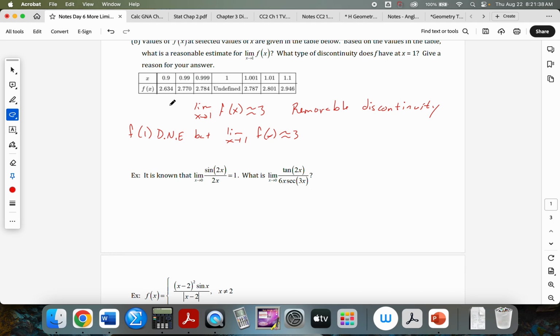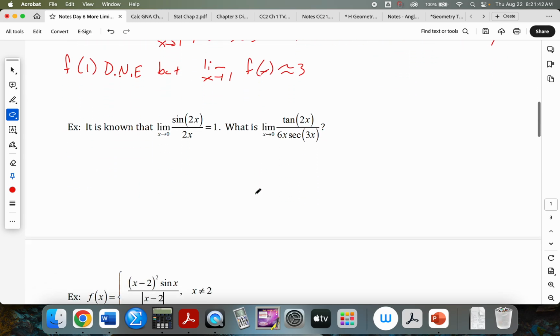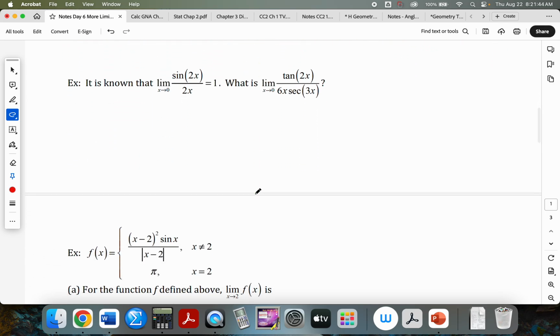All right. Let's take a look at this one. This is another one that I stole off of AP Central. Here they lead you a little bit just to make sure, because sometimes people don't teach this limit.